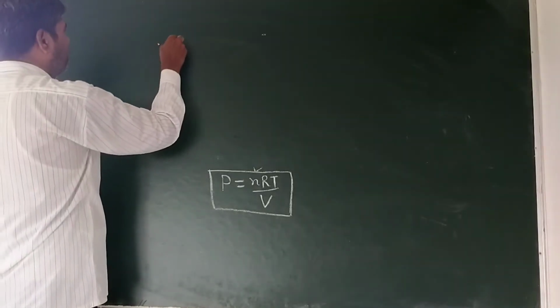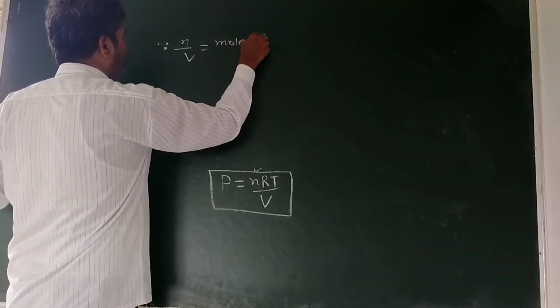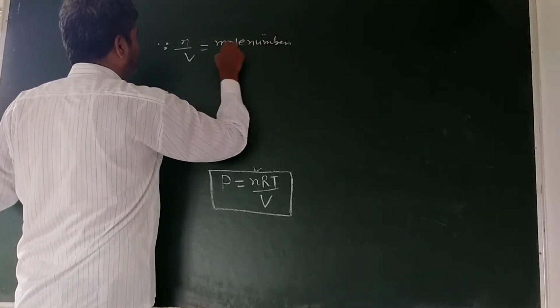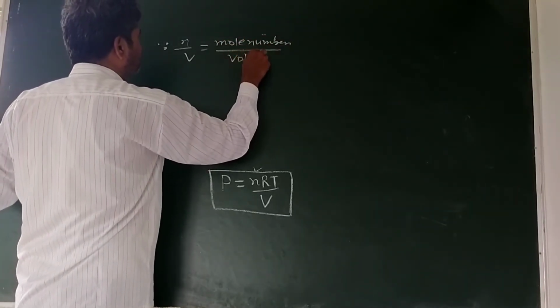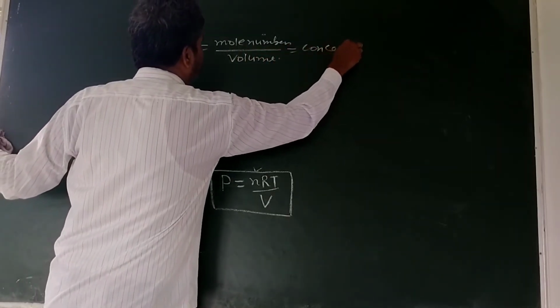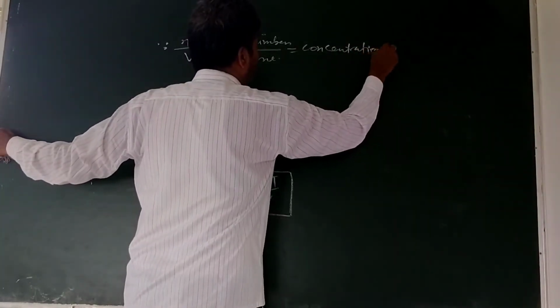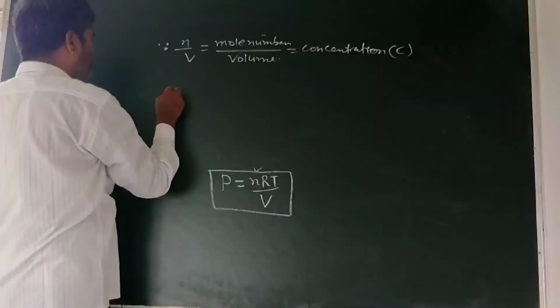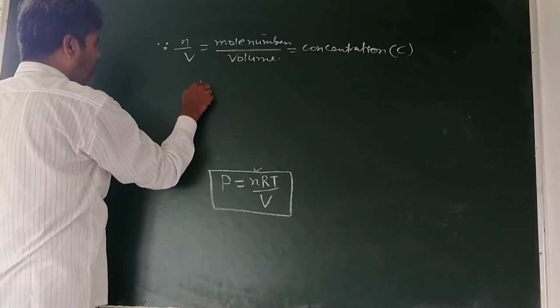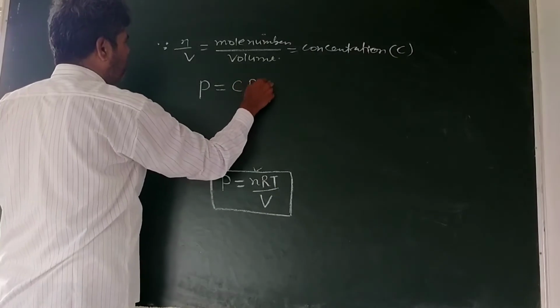Since n by V, that is mole number upon volume, is also known as concentration C, we may also write this as pi is equal to CRT.